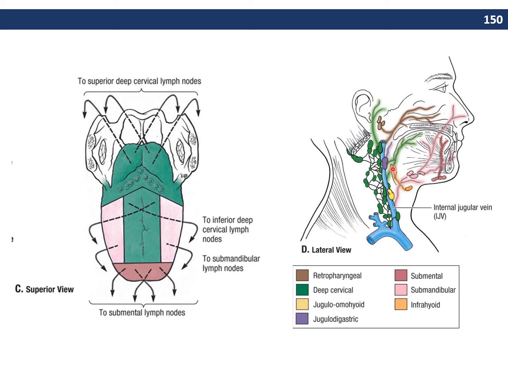I mentioned the jugulodigastric lymph node in tonsillitis. That's where we can expect that enlarged lymph node that's sore when you have strep throat, for instance, is usually an enlarged jugulodigastric lymph node that is a part of this superior deep cervical group.